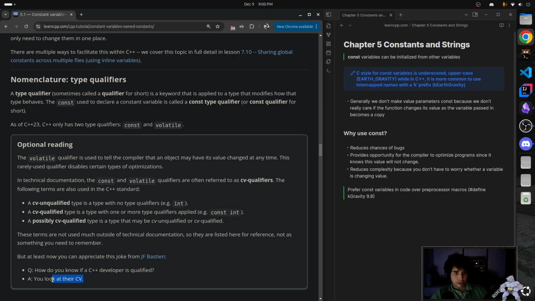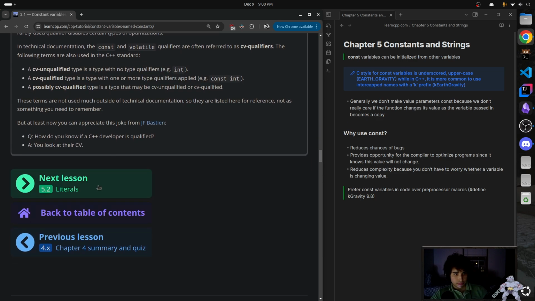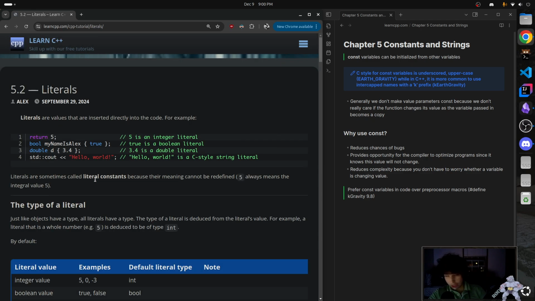What does CV stand for? The joke is that the CV qualifier is the thing at the start and a CV is a resume. Very funny. Hilarious even. Died of laughing. Died of laughter.